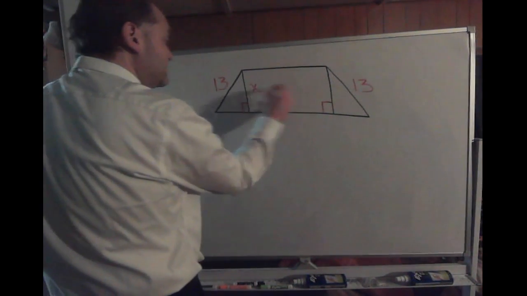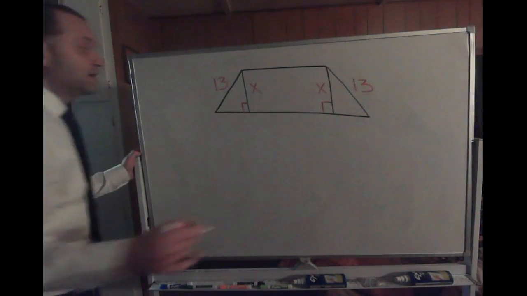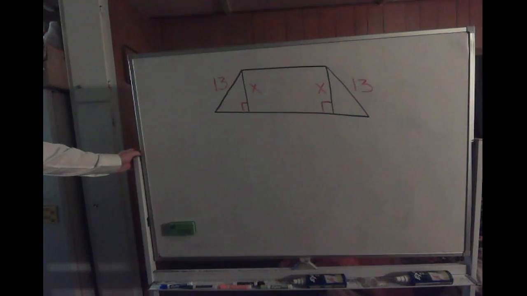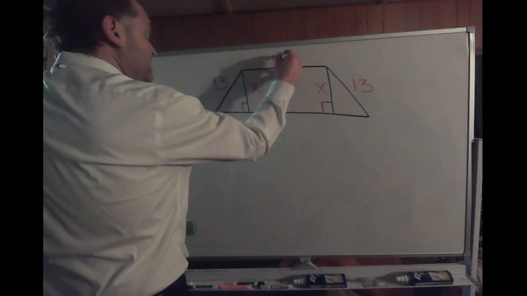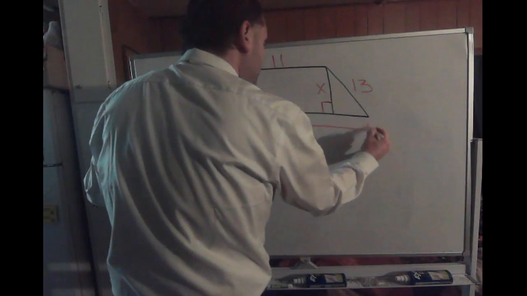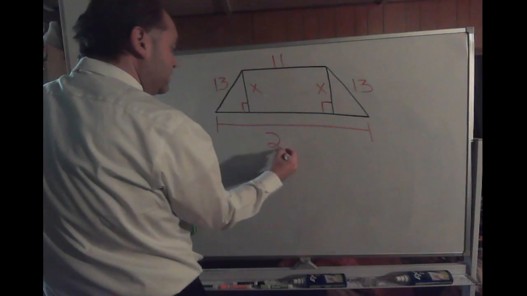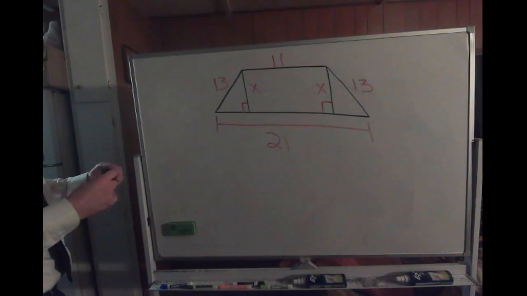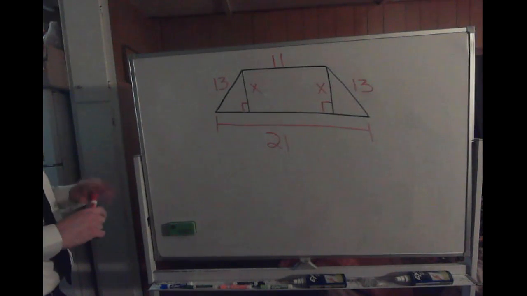Each of these legs has a length of x, this base here has a length of 11, and the entire base has a length of 21. Well, we still need to solve for x, so how in the world are we going to do that?